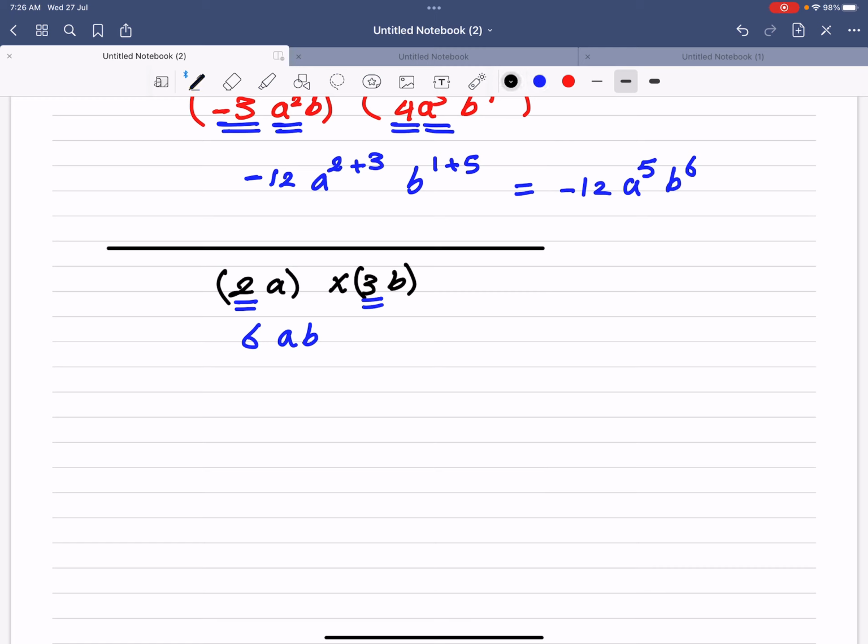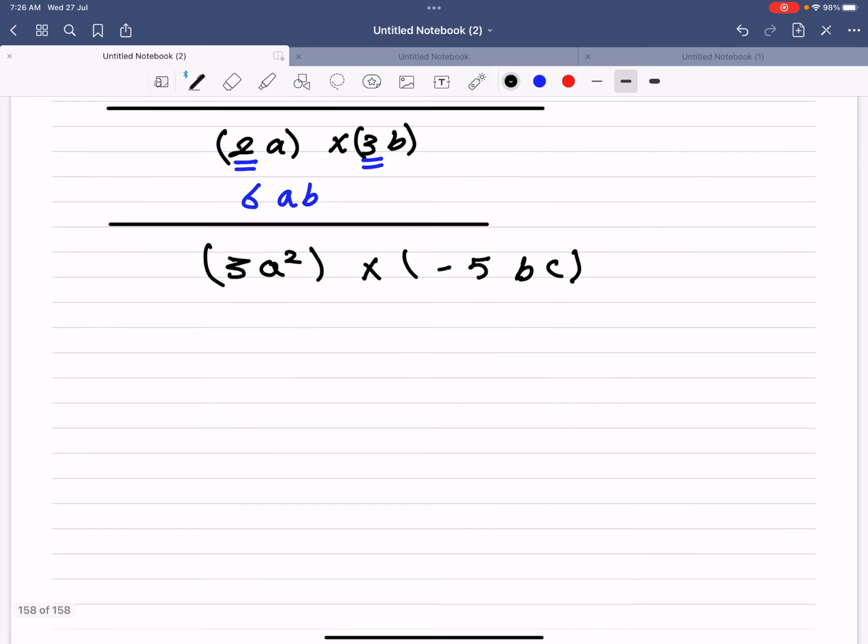So let me give you a couple more examples. If you have another thing like 3a power 2 times negative 5 maybe bc. Same story, same rules that we will follow. Coefficient times coefficient, 3 times the negative 5 it will be negative 15.